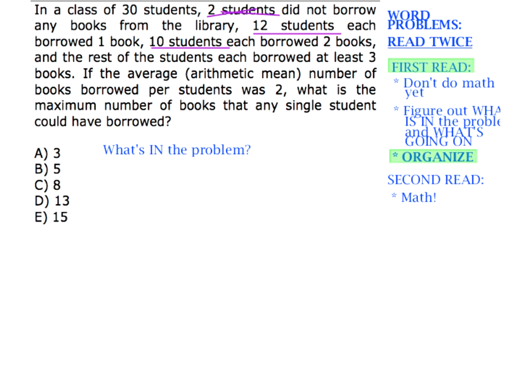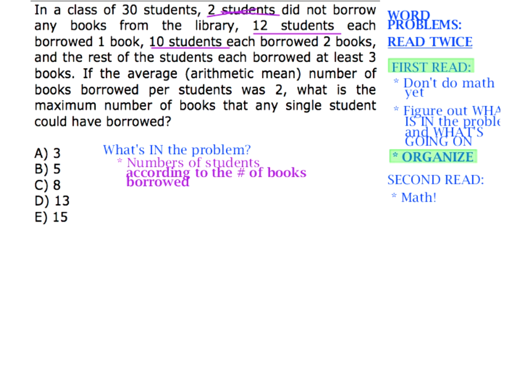And then we've got numbers of students who borrowed the same number of books, according to the number of books that they borrowed. That's important because if you have numbers of students, you have to know what the numbers are. Well, the total number of books has to be 60, though.